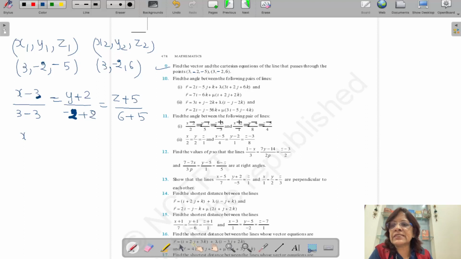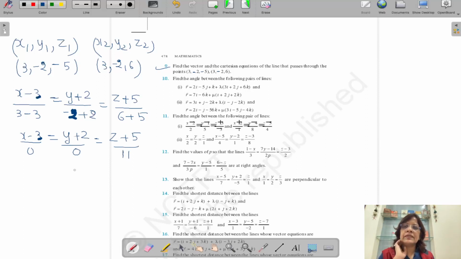The answer is x minus 3 upon 0, y plus 2 upon 0, z plus 5 upon 11. If it is minus or positive, you can check accordingly. This is the Cartesian form. Vector form will be r is equal to 3i.